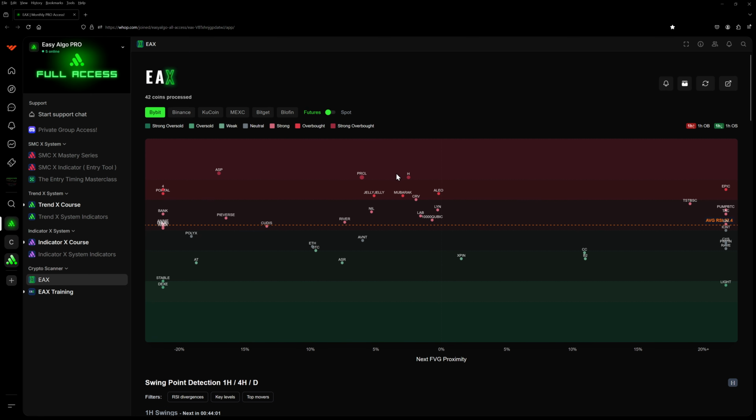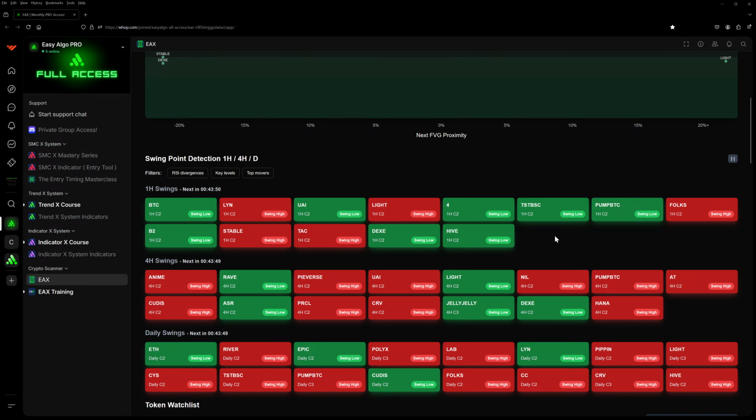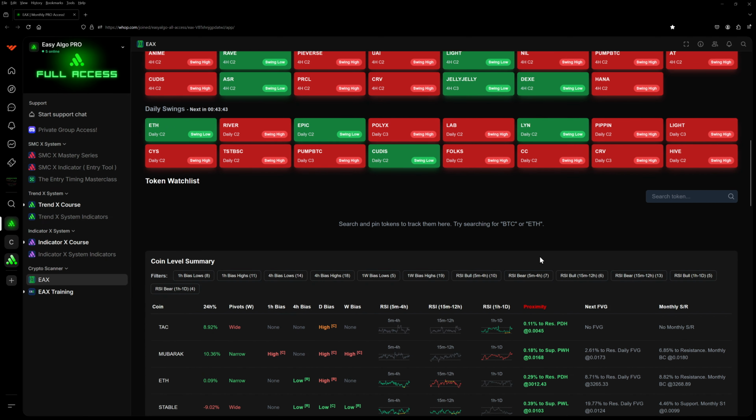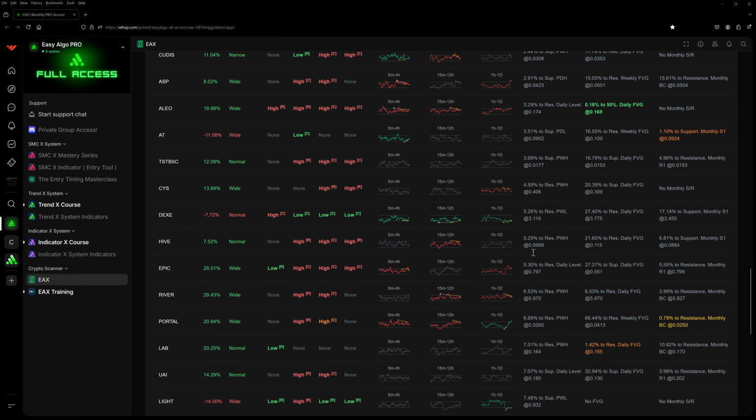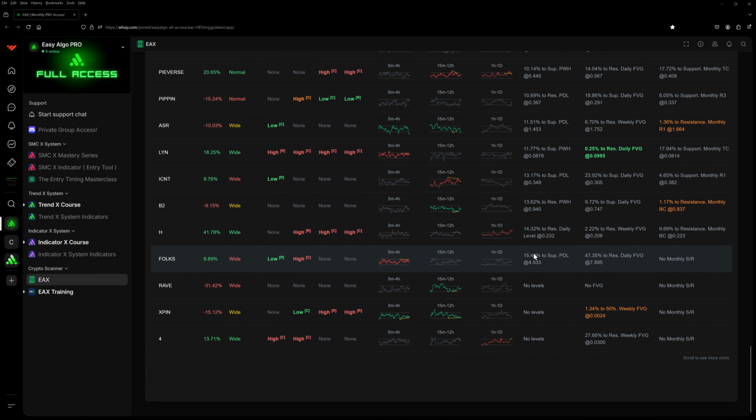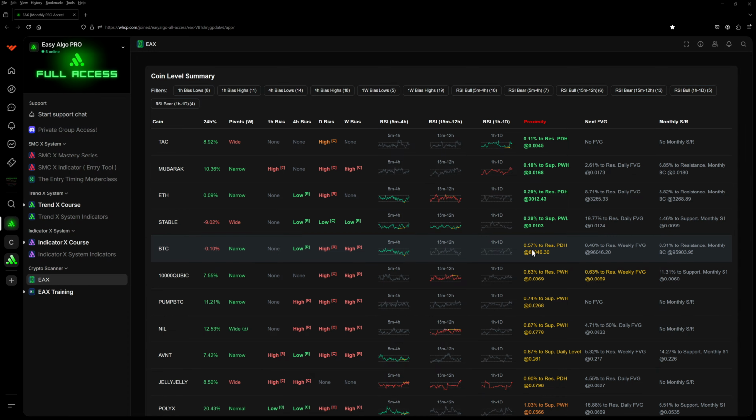Because typically when things are really overbought or oversold, there's more eyes on them, more people looking for a trade, more liquidity in that asset. It moves better. It might be slightly more predictable and easier to trade. And I think that's exactly why Easy Algo made this tool, because half of the battle is finding what to trade.